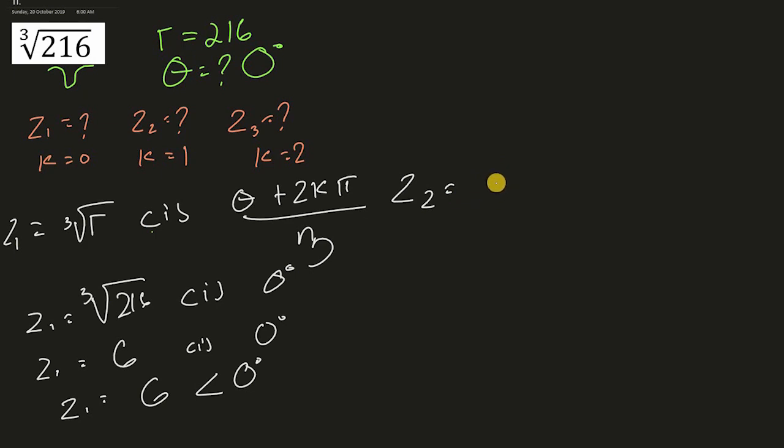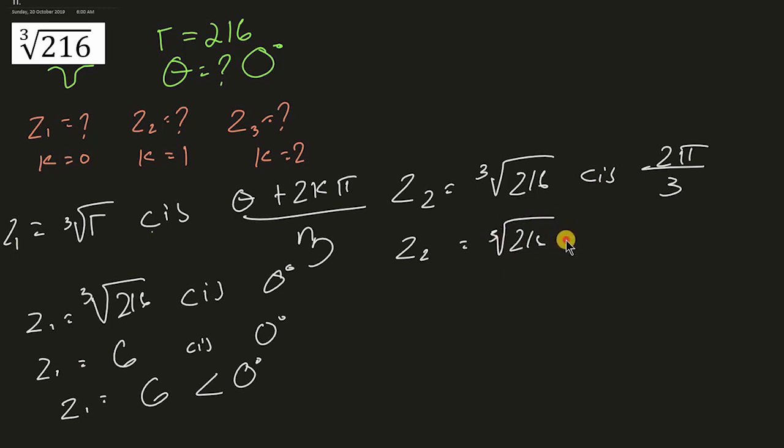Okay. Now, let's now solve for Z sub 2. Z sub 2 would be equal to cube root of 216 again, CIS. Yung magpapalit lang dito, yung K natin magiging 1. So, that's 2 times 1 is 2 times pi. So, that's 2 pi over 3. Okay? So, solving for that, cube root of 216, CIS.